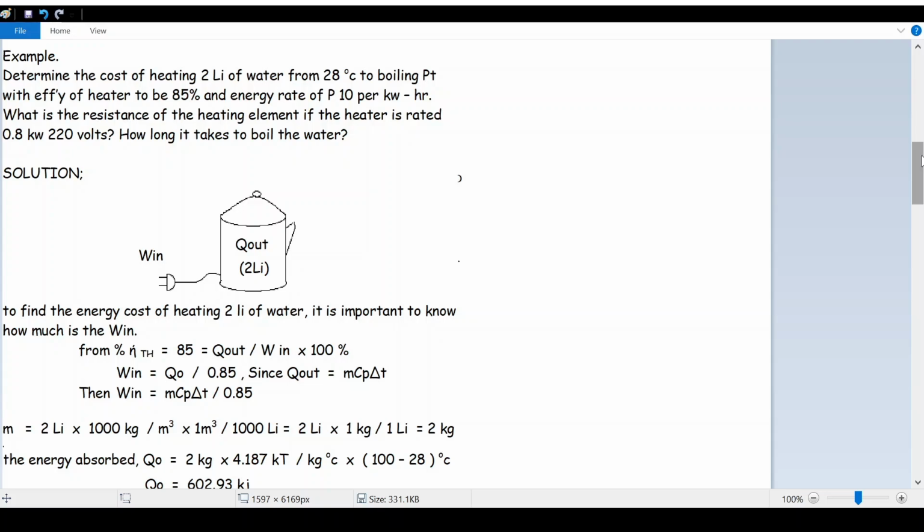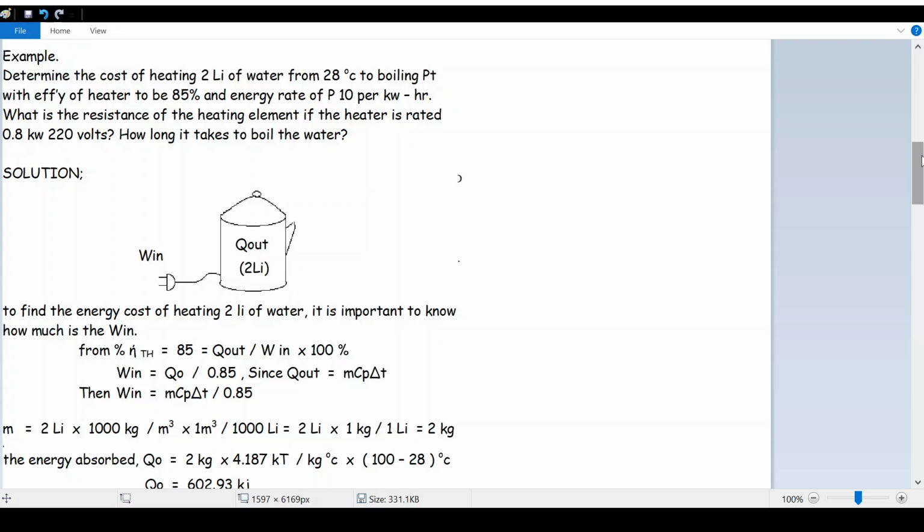For our first example, given here is 2 liters of water with initial temperature of 28 degrees Celsius, and it is required to increase the temperature to boiling point with a heater efficiency of 85%, and the energy rate of electricity is 10 peso per kilowatt hour.